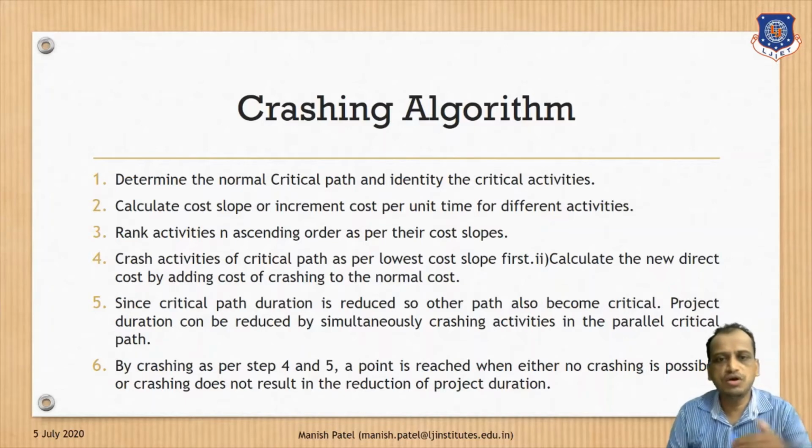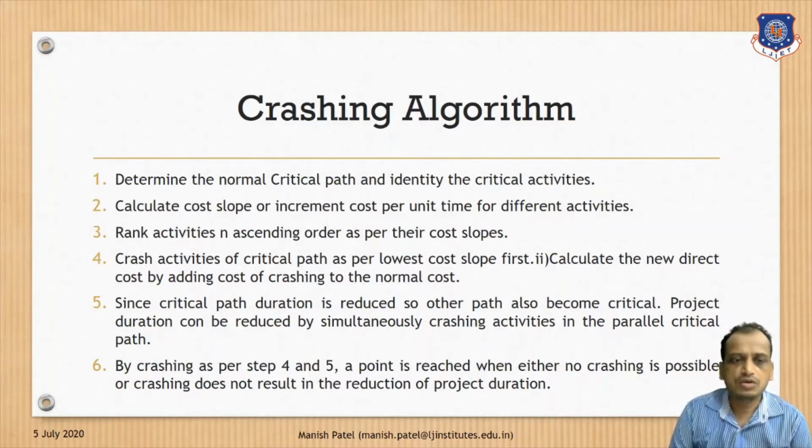Again, you will reevaluate the critical path, and the process is repeated. Why is it repeated? Because you are trying to reduce the project duration without sacrificing the balance between cost and time. It has to be balanced. If it goes beyond the time factor and cost factor, there is no point crashing the network.